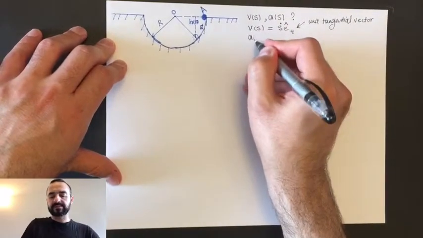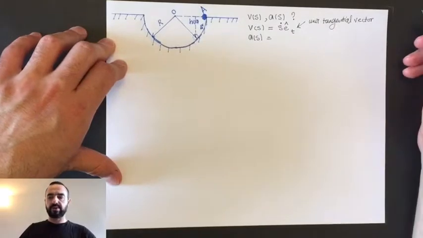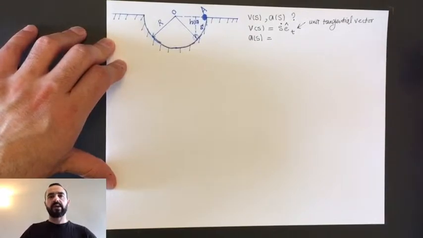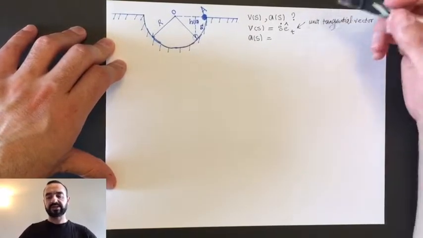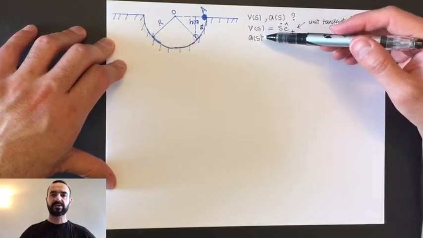And As has two components. It has a tangential component and it has a normal component. And where does it come from is, to compute acceleration, you need to differentiate velocity with respect to time.